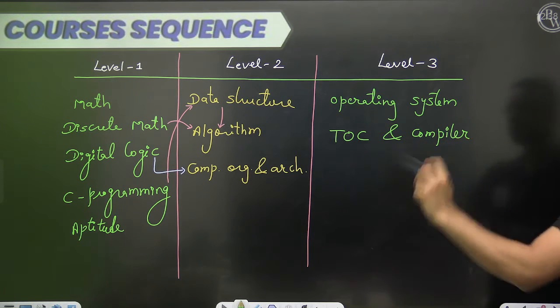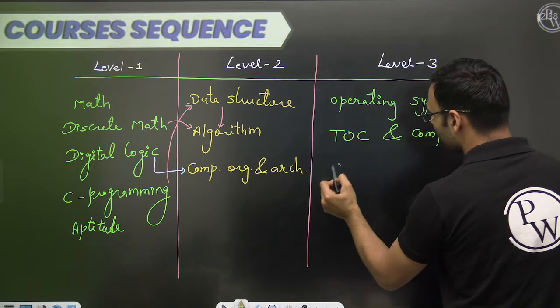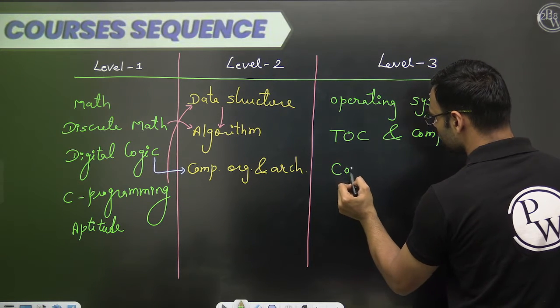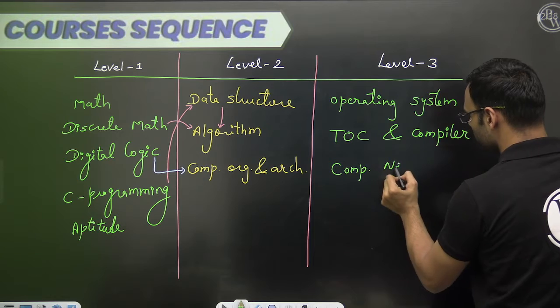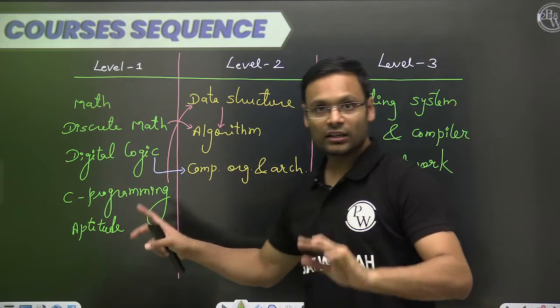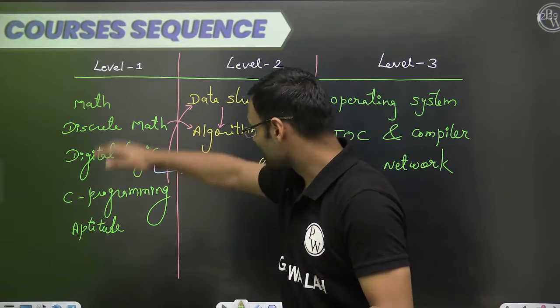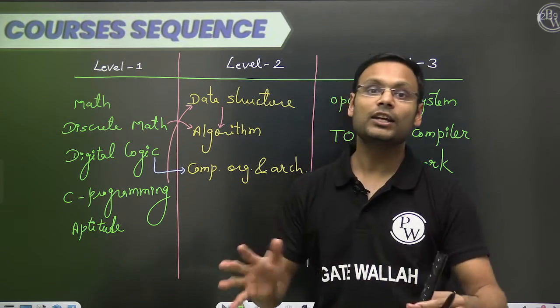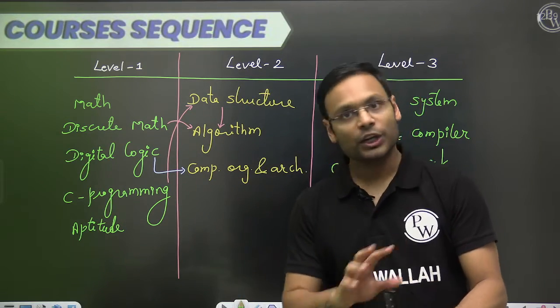One by one you will have to study those. Then you have computer network and DBMS. Within one group you can learn the courses in any sequence. In these 5 courses you can learn any course in any sequence you want, your choice.